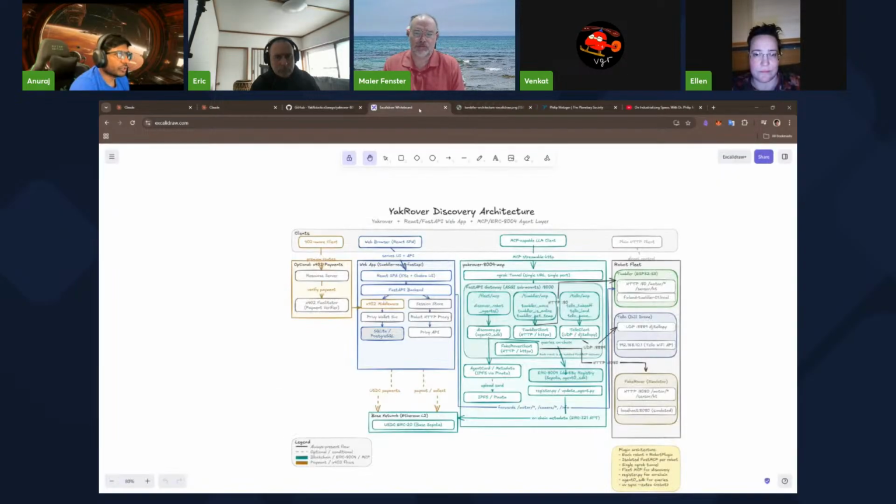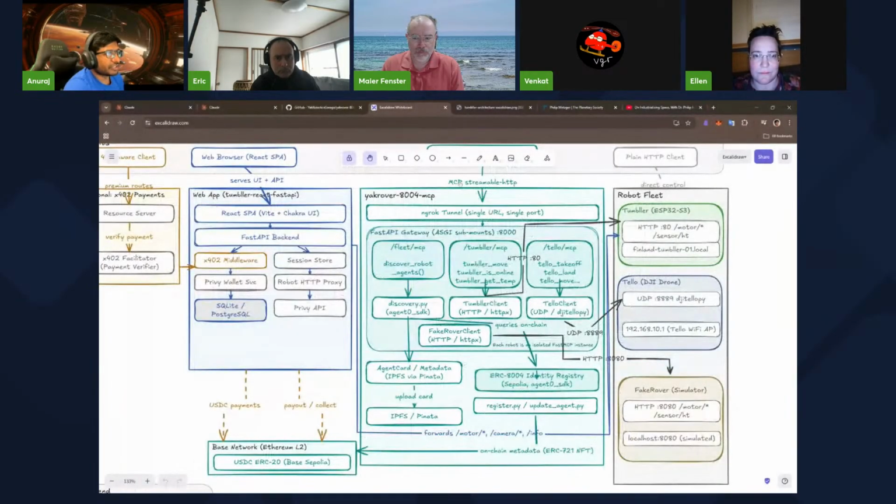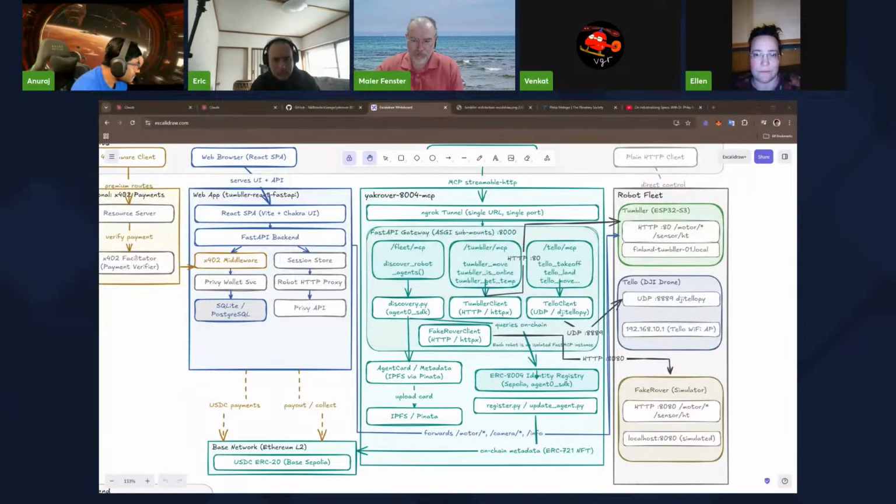So what I did was consolidate all the green parts into a single Python program, and I also made a gateway. It's a FastAPI gateway that you can expose via ngrok.